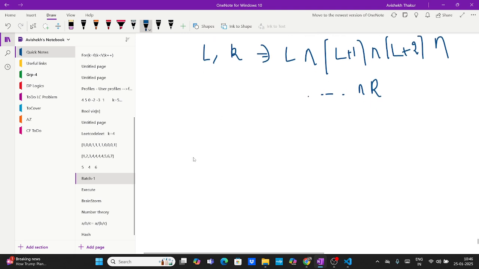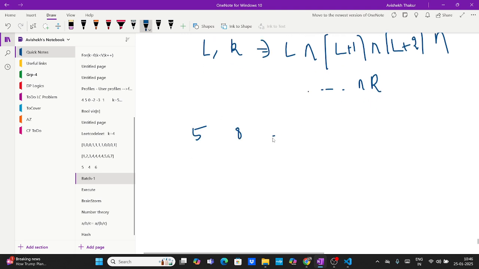Is the question clear? Let's take 5 to 8. We have 5 XOR 6 XOR 7 XOR 8. The value will be something, I am not sure, but this is what you have to do.